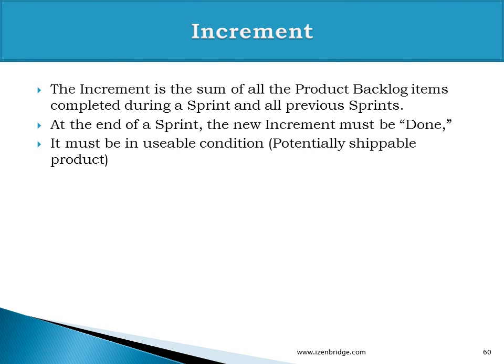So an increment is incremental work. It's an integrated incremental work which has been done during the sprint. It's an increment of the product backlog features which have been implemented before, and the increment is added during this particular sprint. Now this increment should be usable, should be complete in nature, and it's a potentially shippable product.